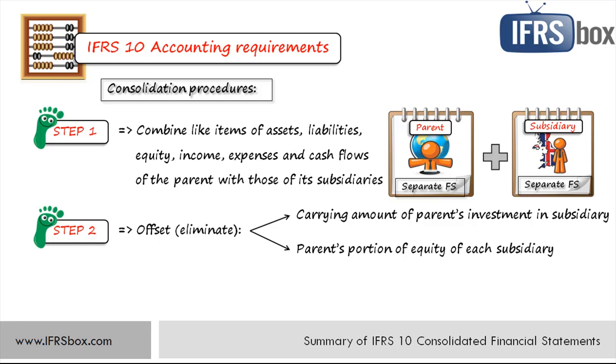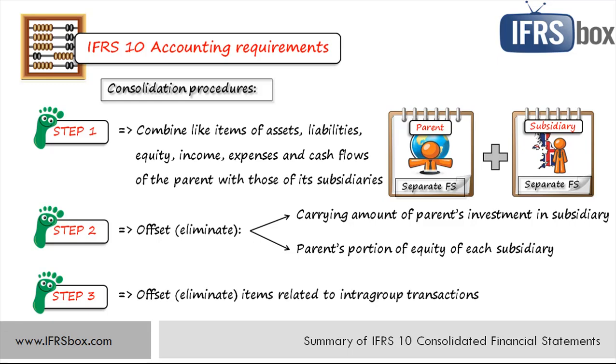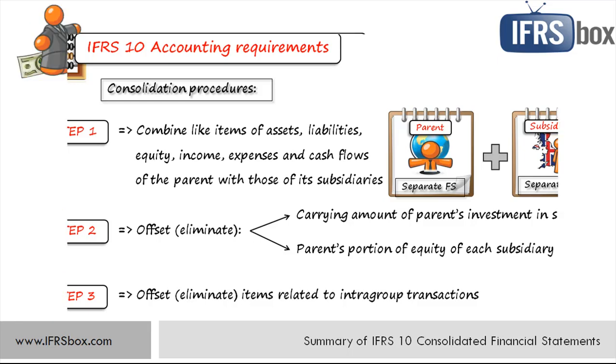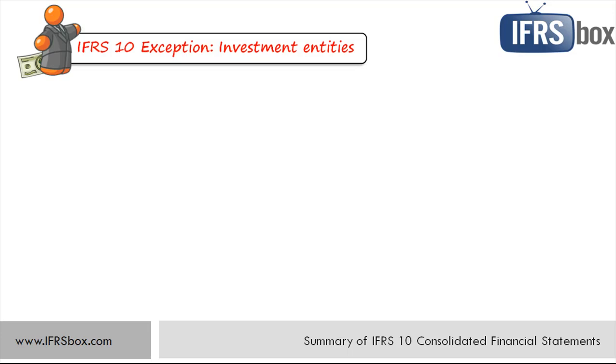Step number 3, offset or eliminate in full intragroup assets, liabilities, equity, income, expenses, and cash flows relating to transactions between companies in the group, because from the point of view of external users to the group, there's no transaction.